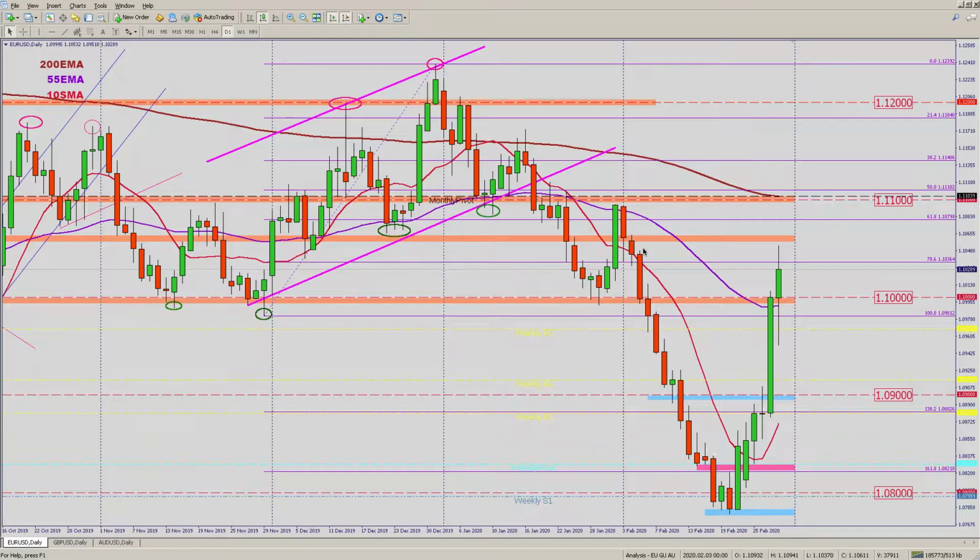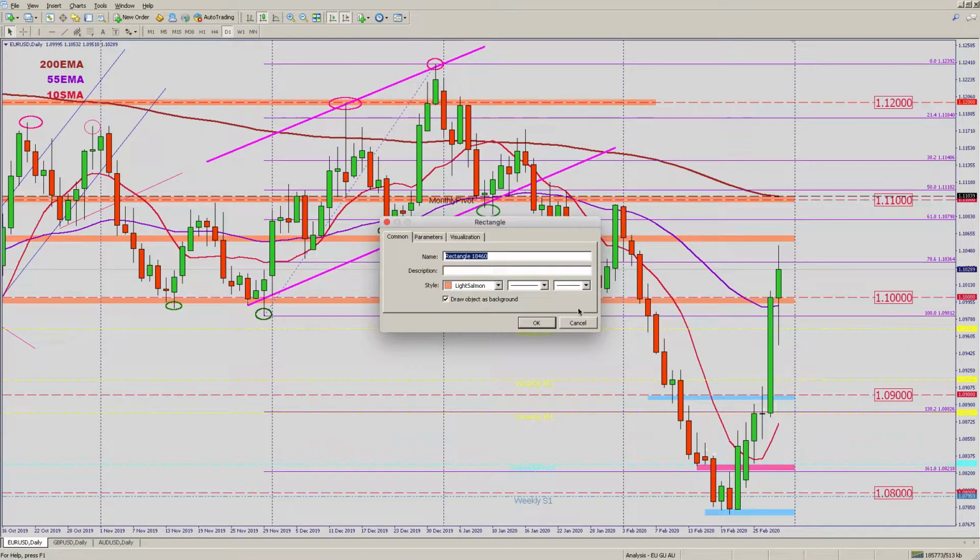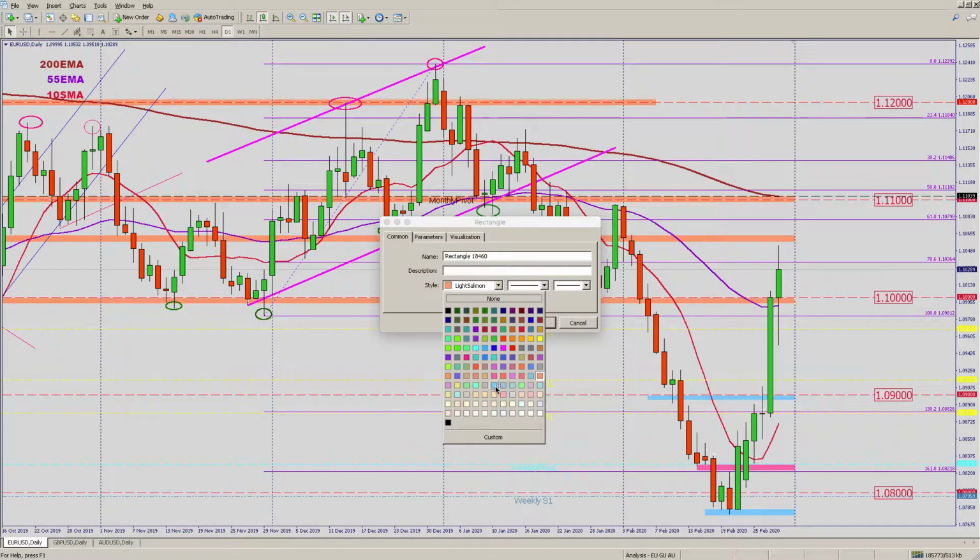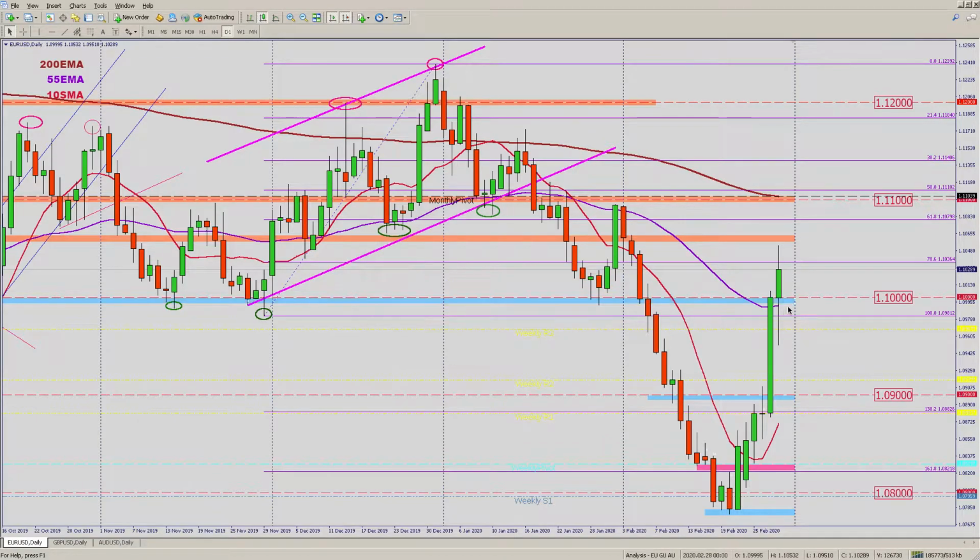There is already an intermediate resistance up here at the 110.60 area. We can perhaps mark this as support now, as it has closed above the 110 level. And let's move this intermediate zone.